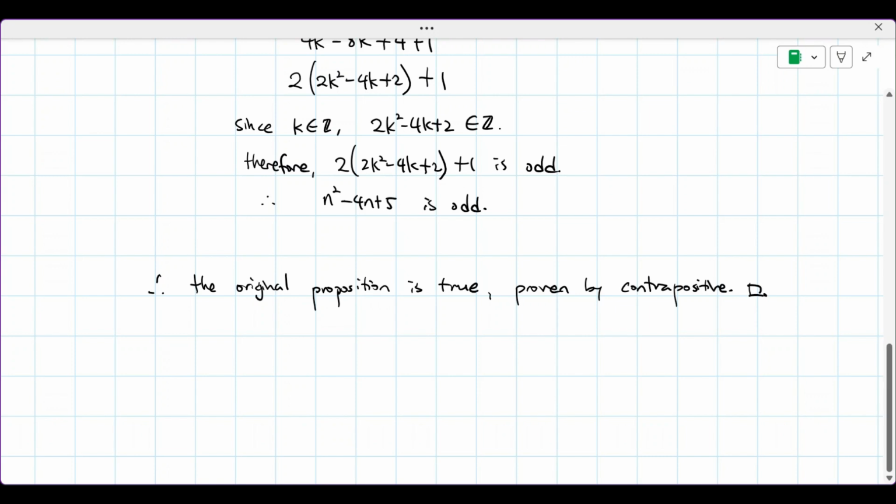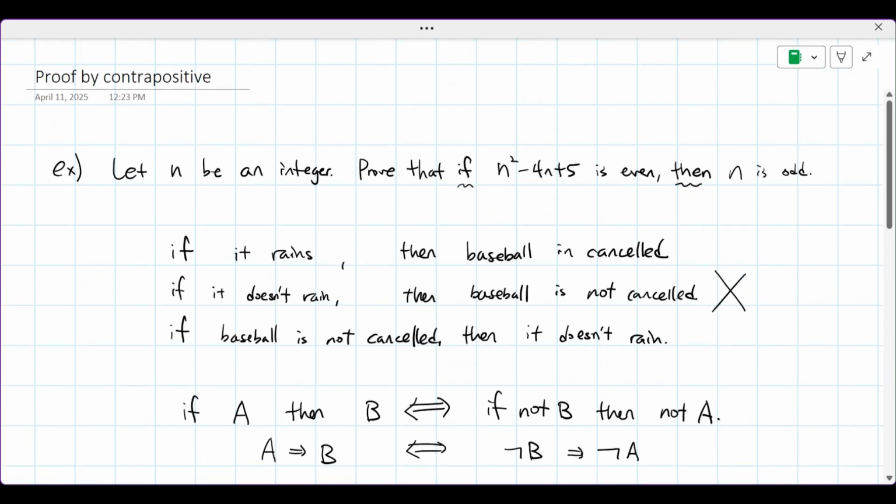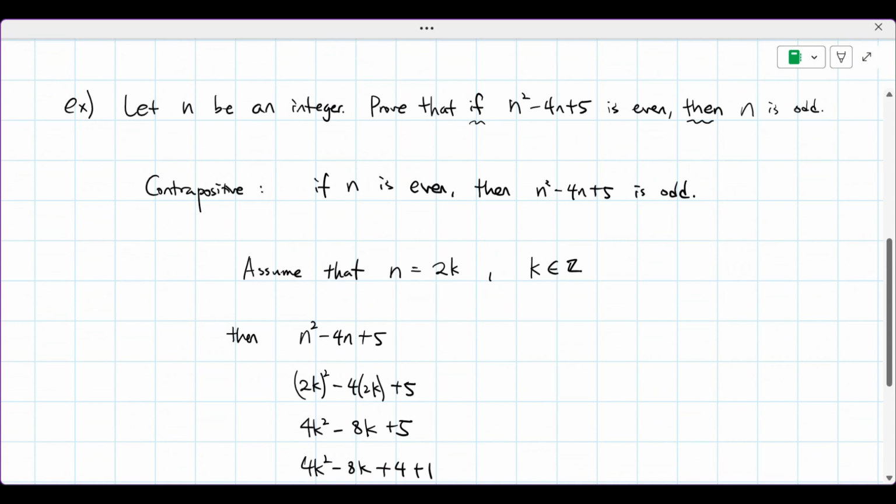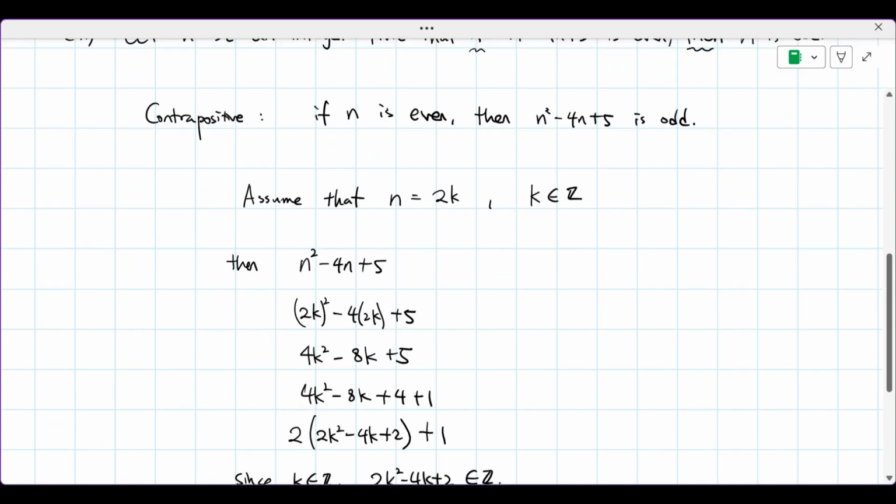A good idea to approach these proof problems is always to directly, explicitly show that you're using the proof by contrapositive method, right? So that's what I did in this example problem here.